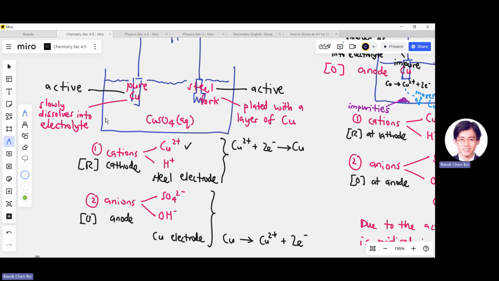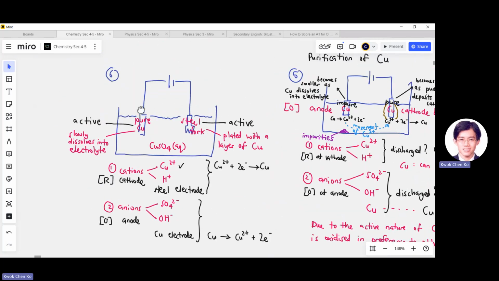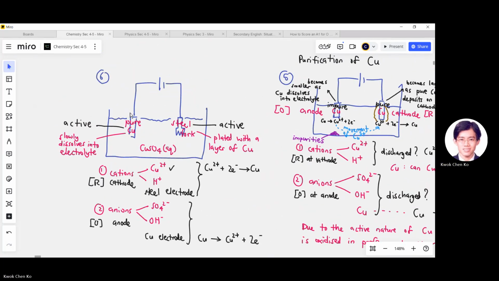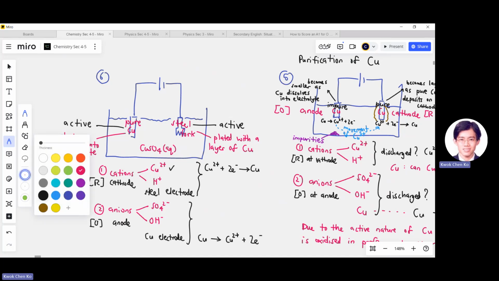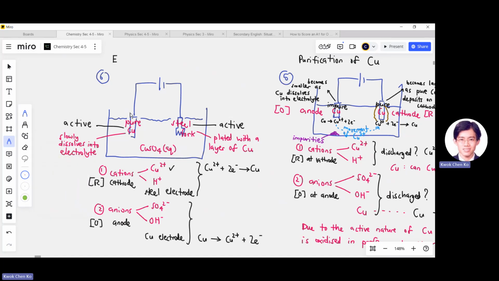Okay, so when do you do this? I'll practice now. This is likely to come up. Electroplating. This is called electroplating.